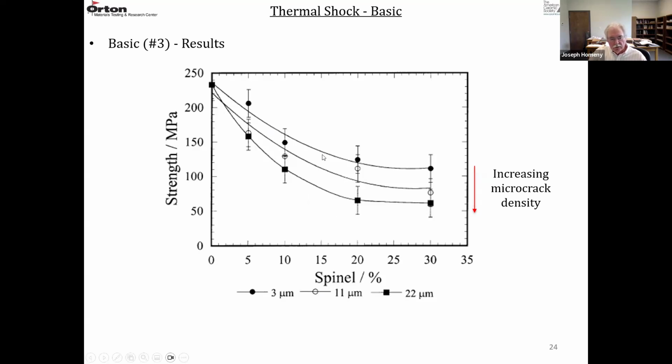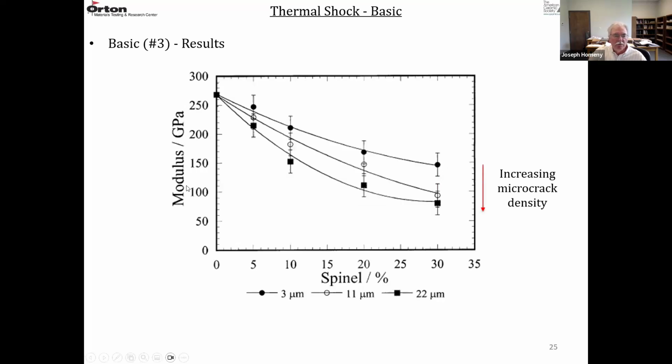So strength decreases with increasing spinel content, and also strength decreases more with the larger particle size spinel. So we're increasing the microcrack density by adding spinel and by making it coarser. Either way, the microcrack density is increasing.